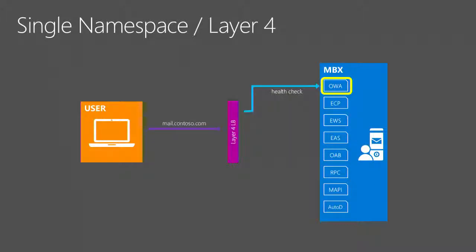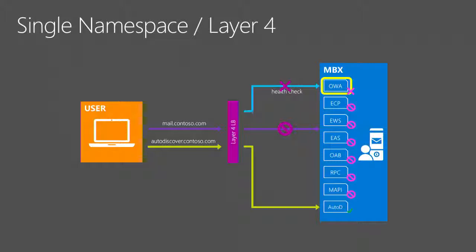Okay? And what I mean by that is when we do mail.contoso.com and we're only checking for OA, if OA happens to be up but all the other protocols are down, except maybe for AutoDiscover because it has its own namespace, then you're going to run into a problem where those other protocols are going to fail even though OA is working. And conversely, the same thing is true if OA is the only protocol that fails and everything else is working.